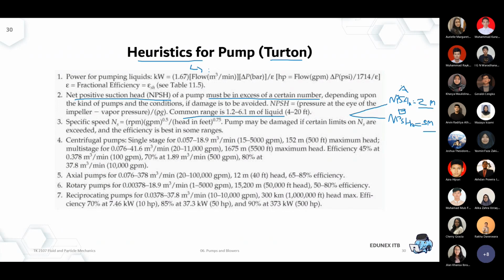Let's say you have exactly the same pump curve and the same power requirement. The only difference is the price and the NPSH required. One pump requires you to provide 2 meters of NPSH, and brand B requires you to provide 5 meters. Which one is safer in terms of preventing any cavitation?